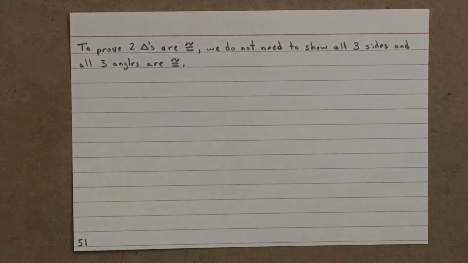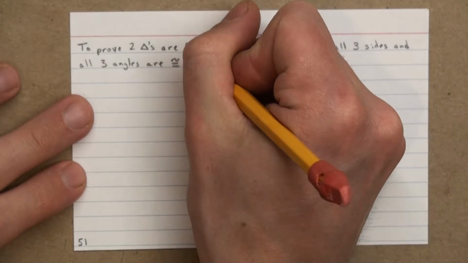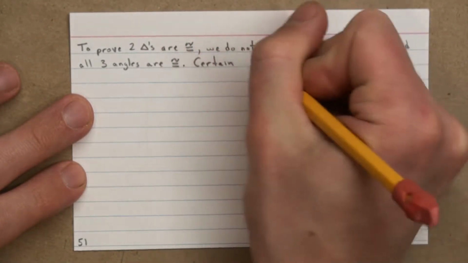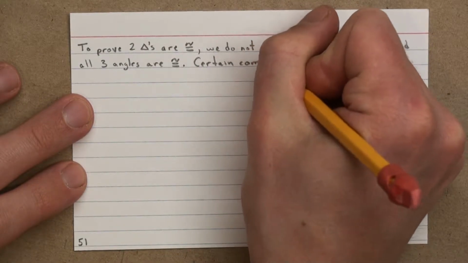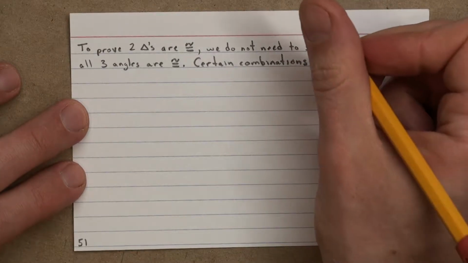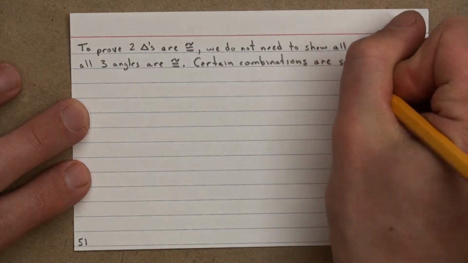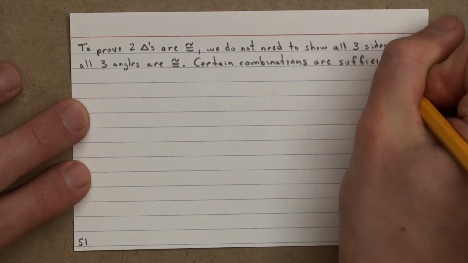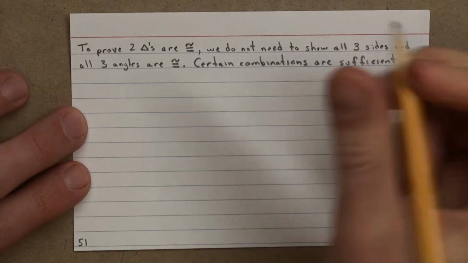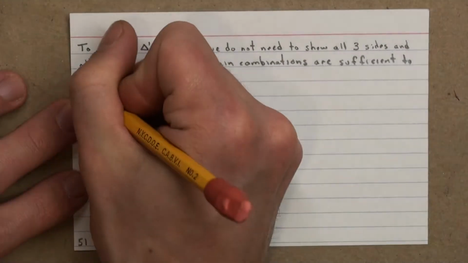Okay. Certain combinations are sufficient to prove that triangles are congruent.